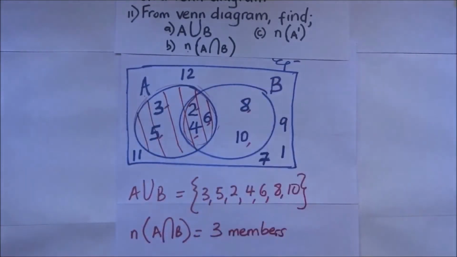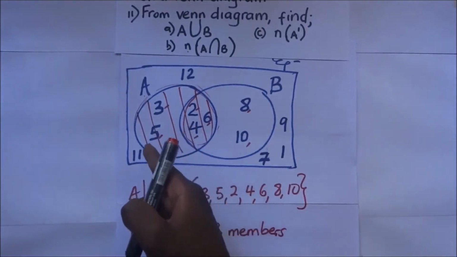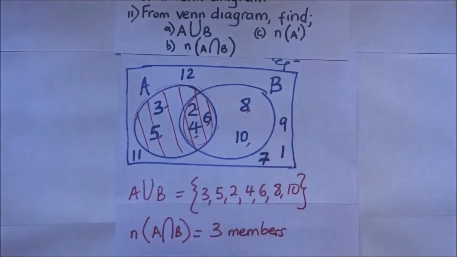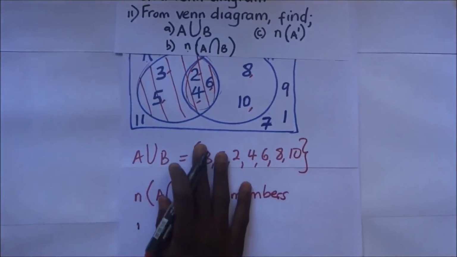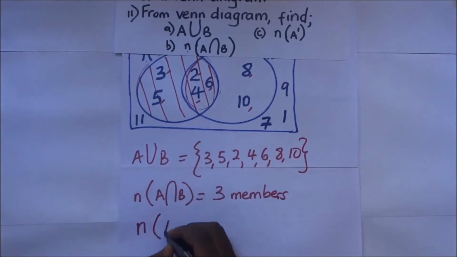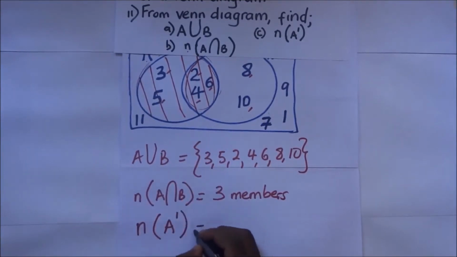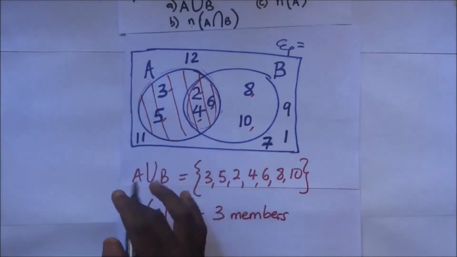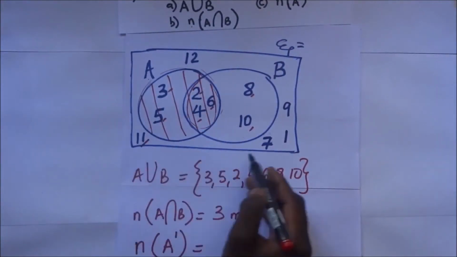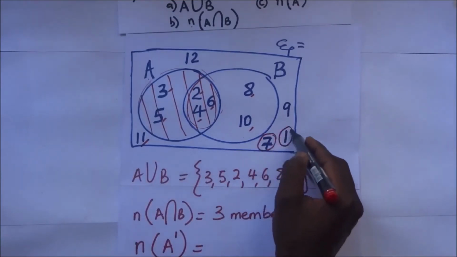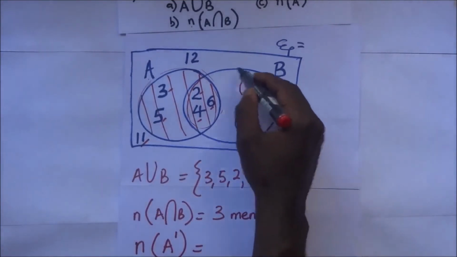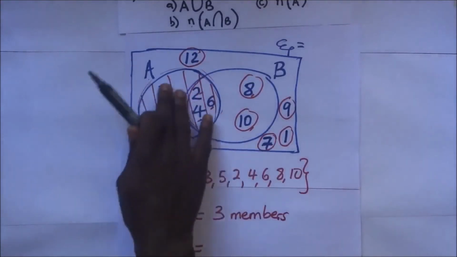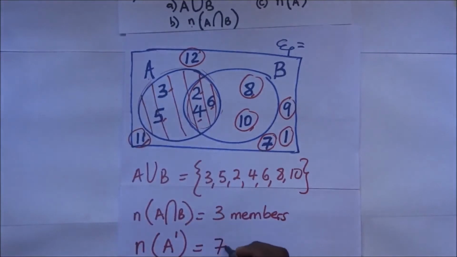Now when they say set A complement, they mean anything that is outside A. So we shall count whatever is outside A, because that is what represents A complement, and that will be 1, 2, 3, 4, 5, 6, 7. So there are 7 members that are outside set A.